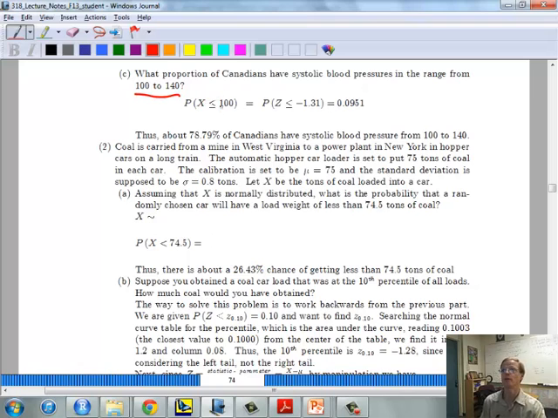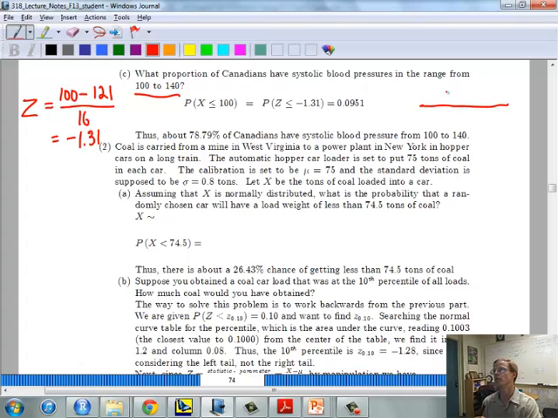So to do that, we need a z-score for the 100. So we'll just quickly do the z-score again, which is going to be the value you're looking at minus the mean from the population over the standard deviation. That's going to get us a negative 1.31.